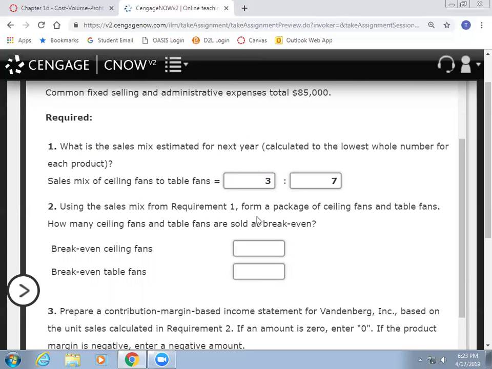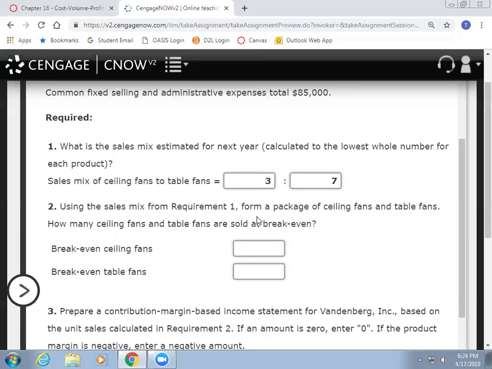So first, you have to calculate each one's individual unit contribution margin, okay? We're going to start with the ceiling fan. The price was 60 and the unit variable cost was 12.